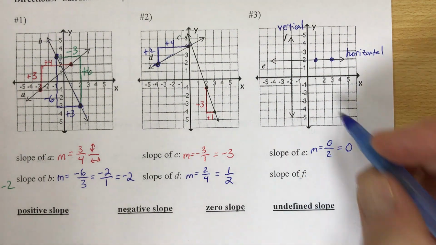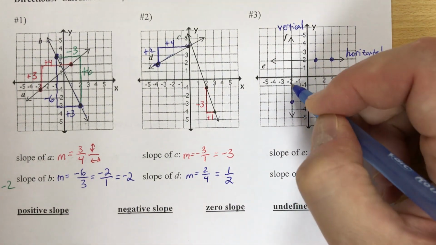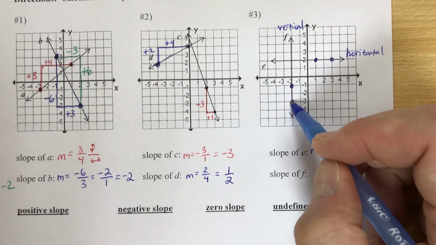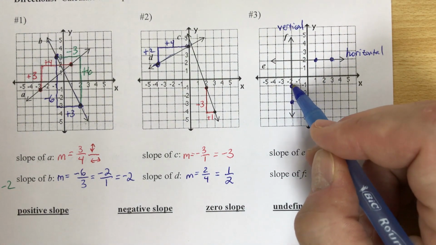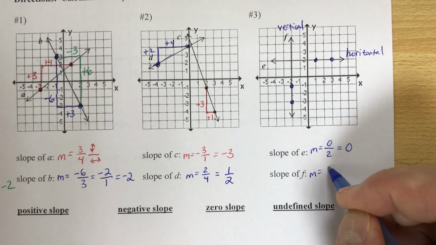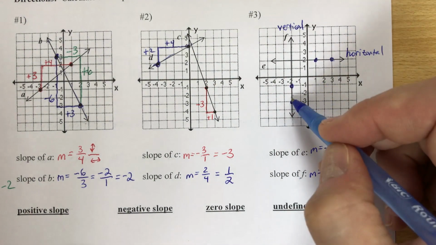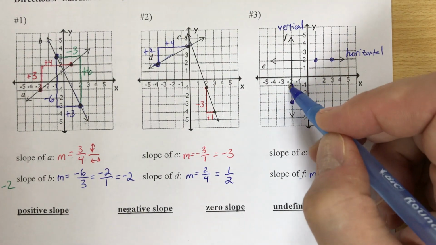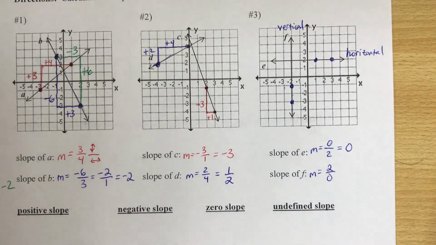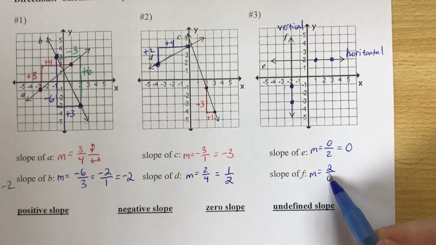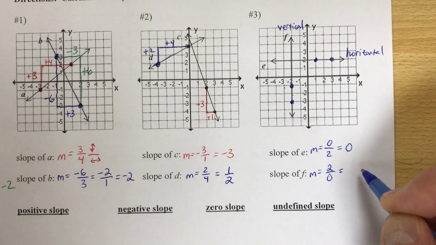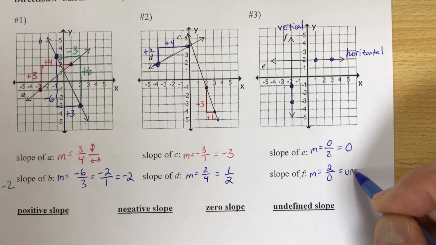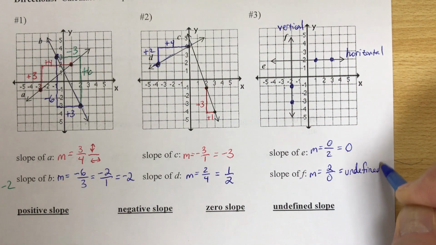Now for line F, I'll pick 2 points. And if I start here, I would rise 2. That's the top value. But I would not run. I'm already there. I wouldn't move left or right, so that is 0. Now, if you type this on your calculator, you're going to get an error. So what we say is that this is undefined.